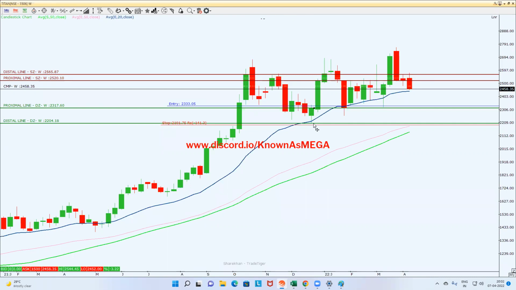Your stop loss would still be here. So I've taken this as leg in. Don't confuse yourself. I'm considering this as leg in. I could have taken this, but 4 bases, no, it does not make a valid setup. I mean, it's unnecessary, not needed. This is a good setup.